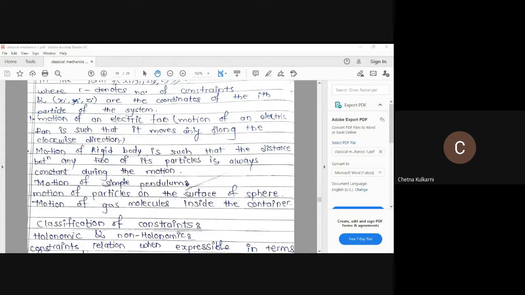If you are going to move that bench or table somewhere else, you have to lift it and keep it in another place. If you want to lift it and place it somewhere, you will need some people, depending on the weight of that bench or table. So you are applying some amount of force on it so that you can move it to your desired place. So what is that rigid body?